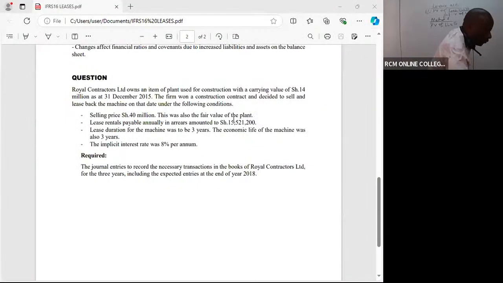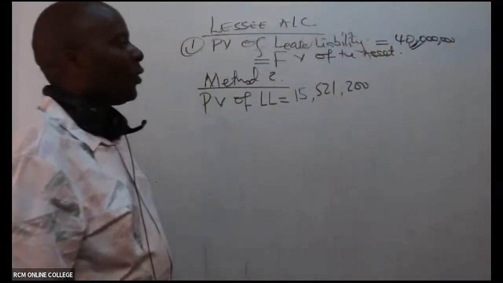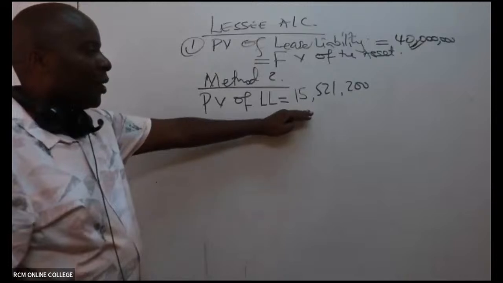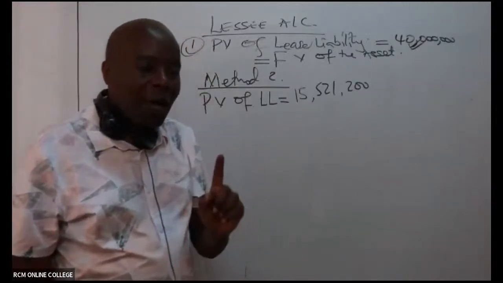Please allow me just to write this 40 million in full, because this other figure is very ugly and I may not want to cut the zeros. It will not look very nice. So 40 million, and this is now the lease rental. Now this lease rental, ladies and gentlemen, remember they have told us clearly.